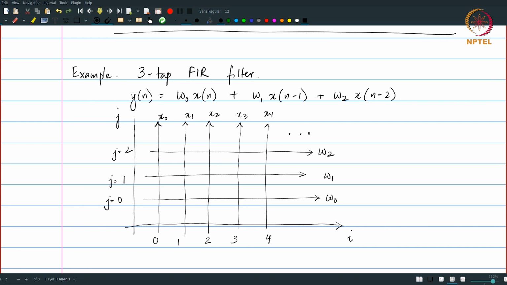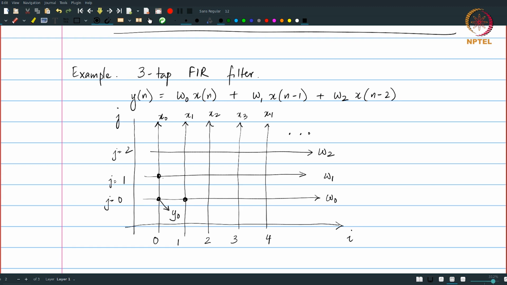Now let's look at this intersection point, I equal to 0, j equal to 0. If I assume that all the x of minus 1, x of minus 2, etc. are zeros, then effectively what I have is that this computation at this point, w0 into x0, corresponds to the output y0. Similarly, I can look at w1x0 and w0x1.